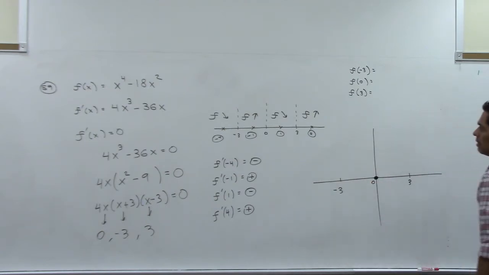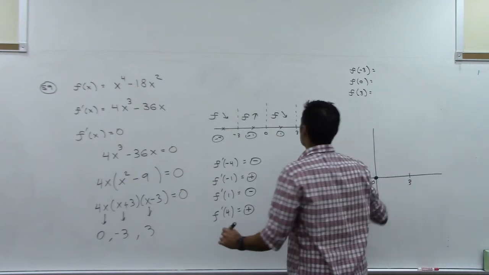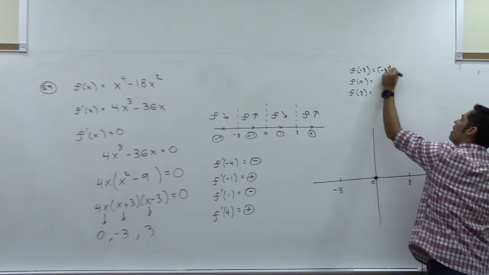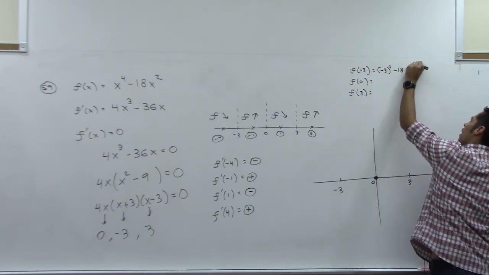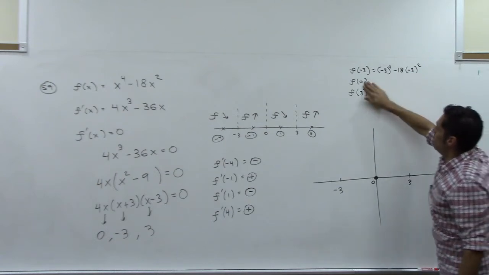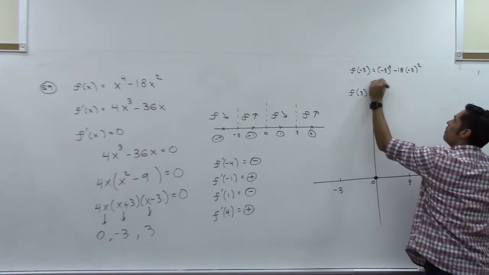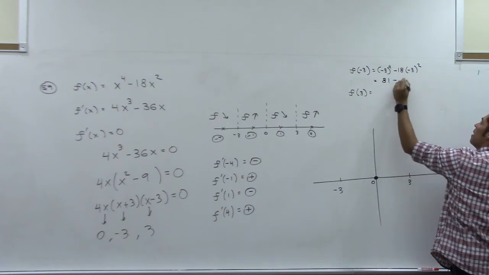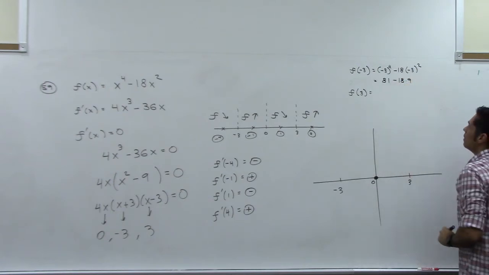And then when I plug in -3, what do I get? I'm going to plug -3 into the original function. Get -3 to the 4th minus 18 times -3 squared. So -3 to the 4th, that's 81. Minus 9 times 18, that's 162.